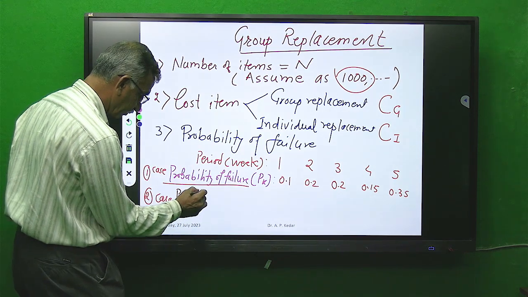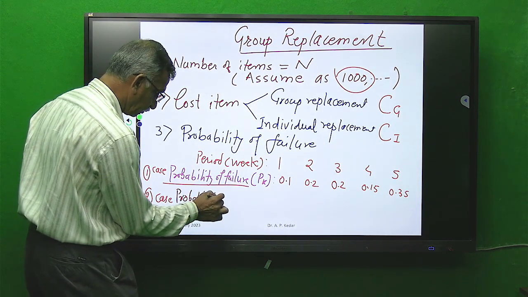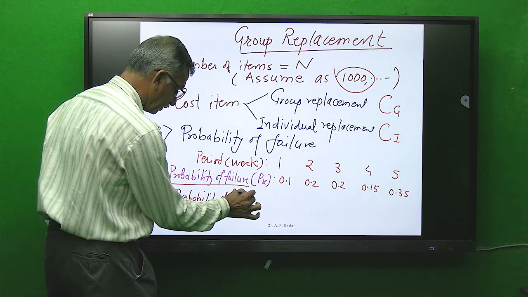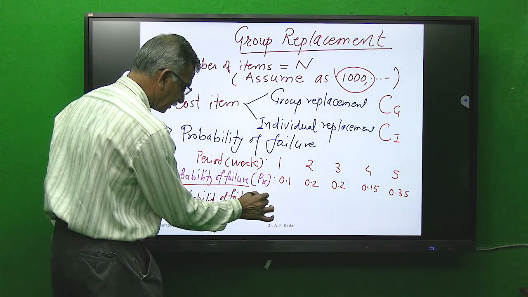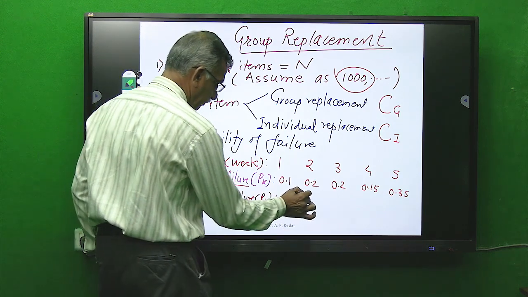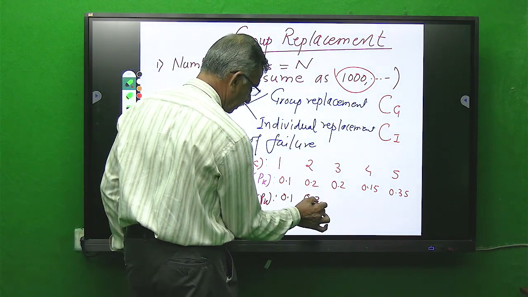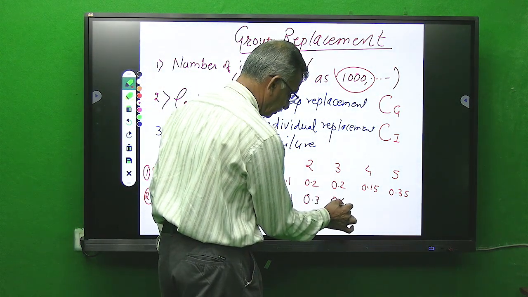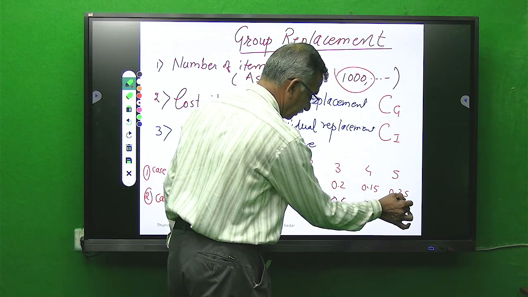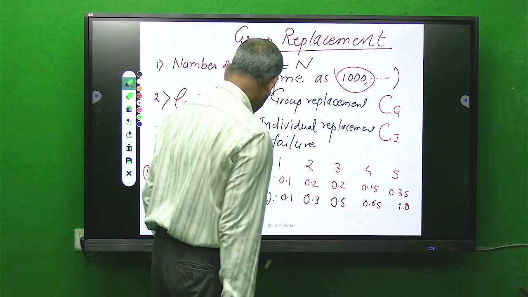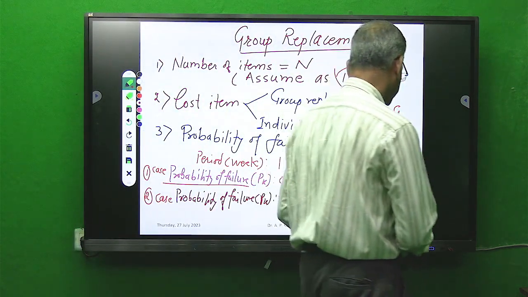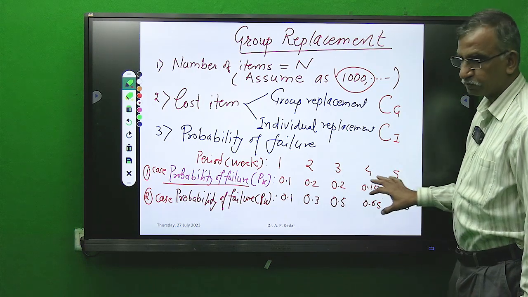Probability of failure, abbreviated as PK: 0.1, 0.3, 0.5, 0.65 and 1. A very important point of discussion, students.